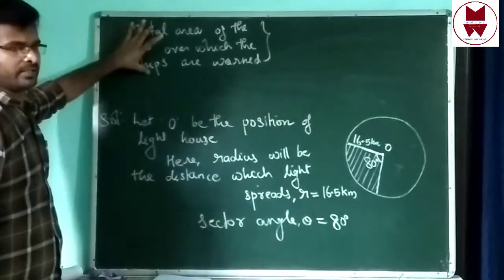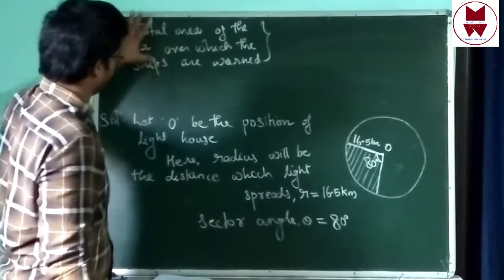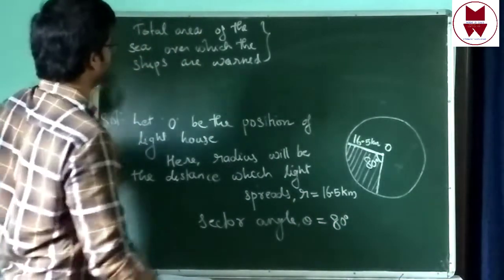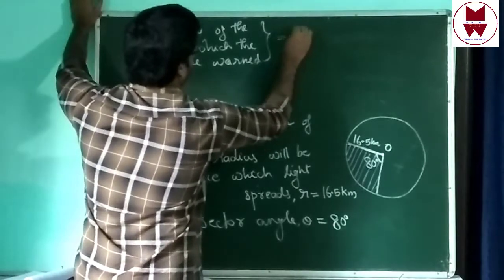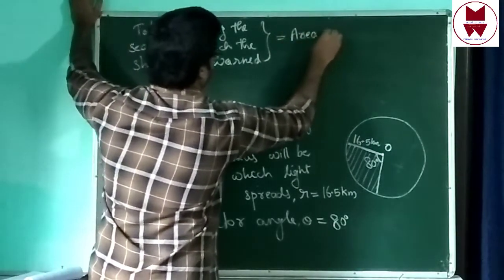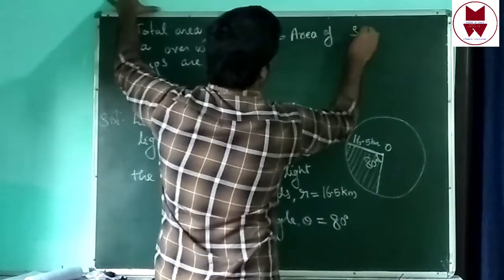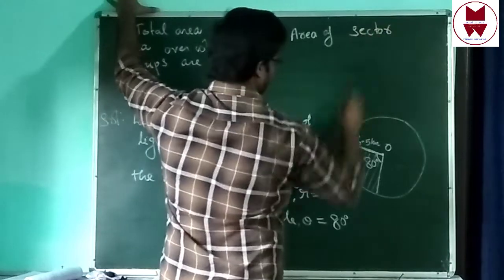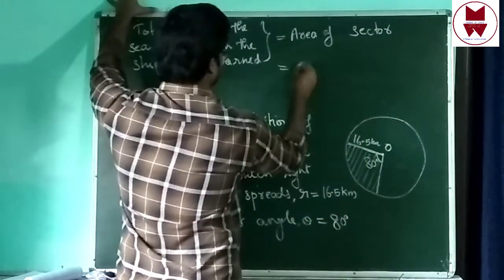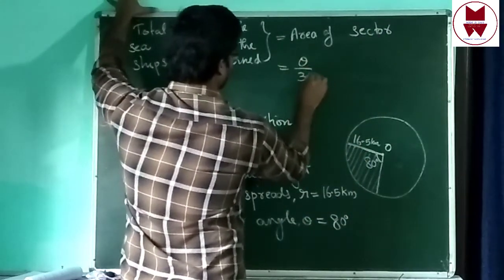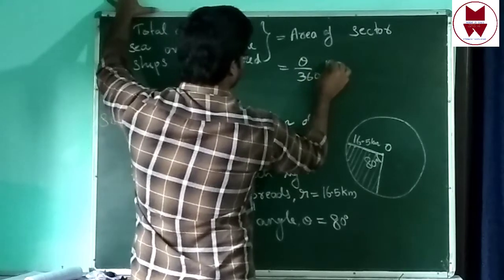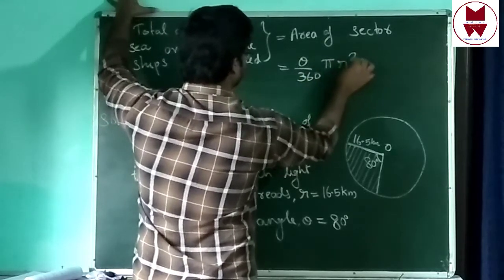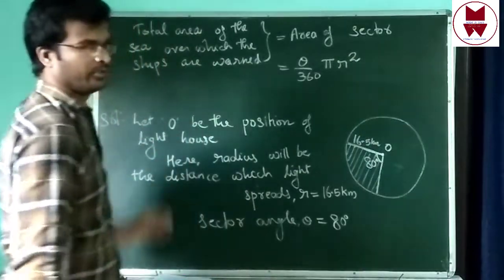This part already is there in your question. If you check, you can see last part. Same thing you can write. Equal to area of sector. Area of sector is theta by 360 into pi r square.